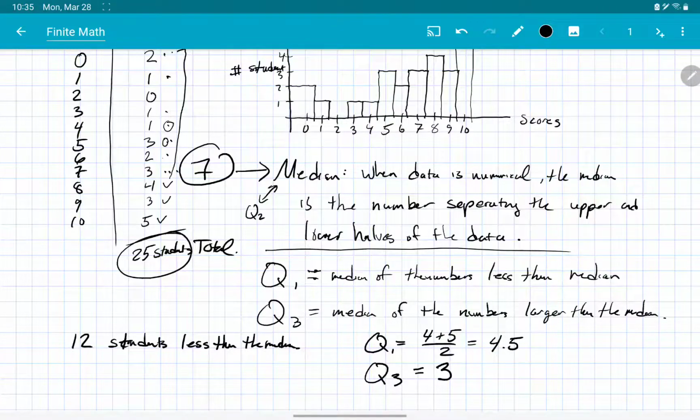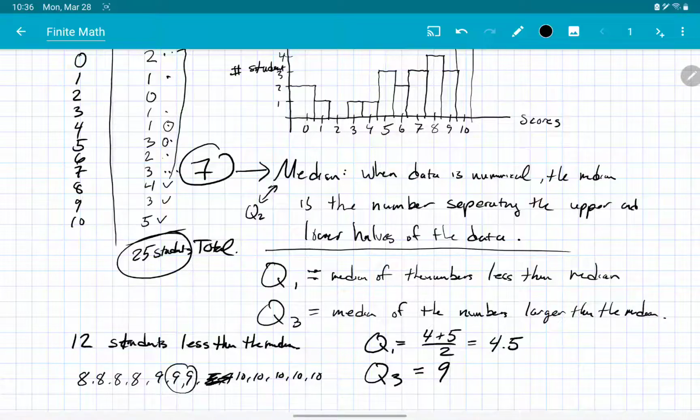So we have 4 8s, 3 9s, and 5 10s. If we wrote those numbers out, we'd have 4 8s: 8, 8, 8, 8, 3 9s: 9, 9, 9, and 5 10s. The number in the middle, 1, 2, 3, 4, 5, 6, is these two 9s. And since they're the same number, we don't have to take an average. We just say that it's 9.